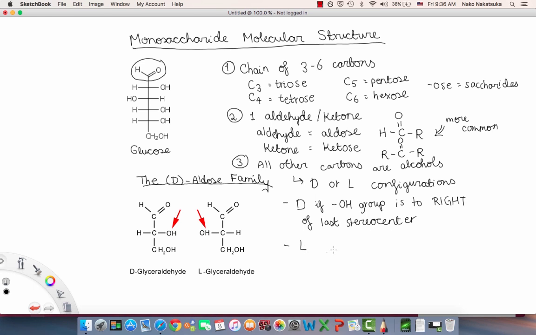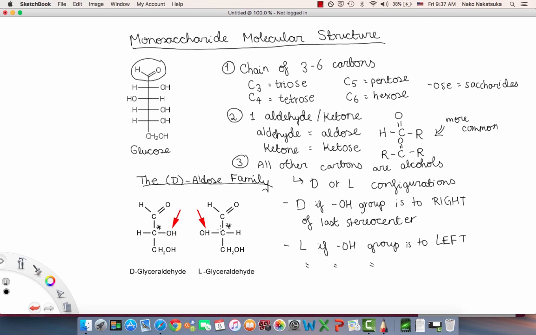And for L isomers, it's if the OH group is to the left of the last stereocenter. In the case of D-glyceraldehyde and L-glyceraldehyde, it only has one stereocenter, right? It's this carbon right here.